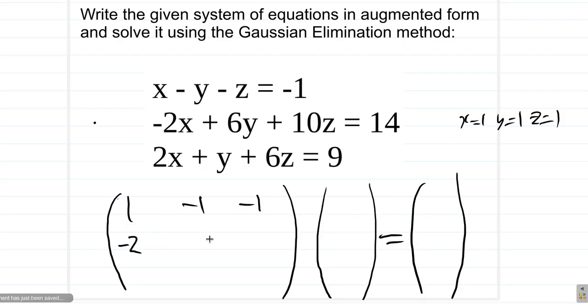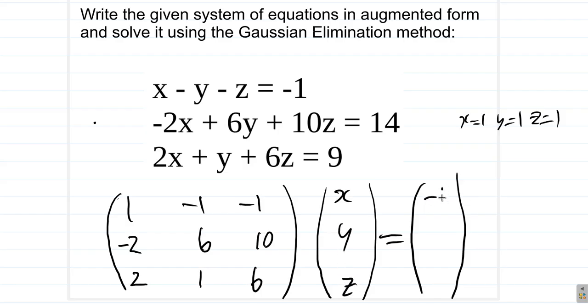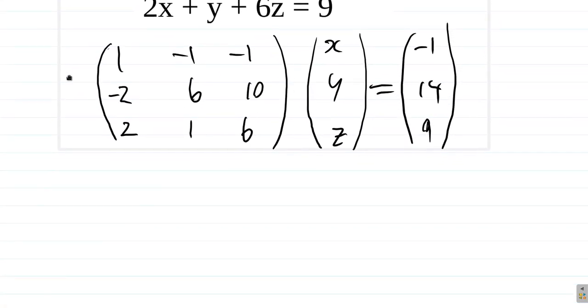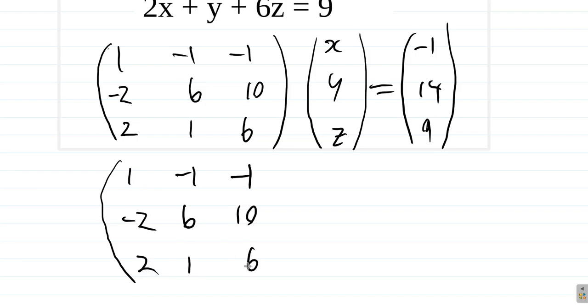This is negative 2, 6, 10, 2, 1, 6. You have x, y, z equal negative 1, 14, 9. Then you can skip out the xyz part when you write it as an augmented matrix. 1, negative 1, negative 1, negative 2, 6, 10, 2, 1, 6, vertical line, negative 1, 14, 9. There you go.